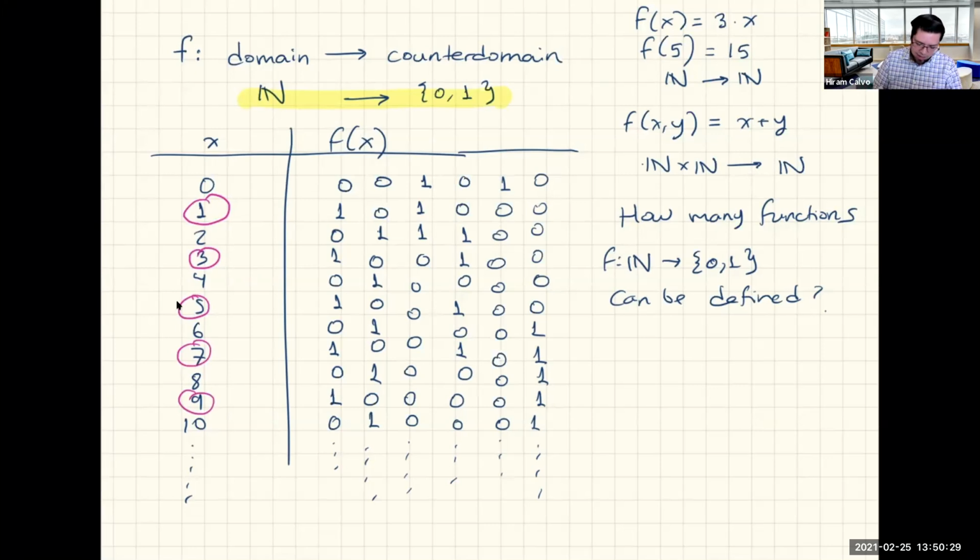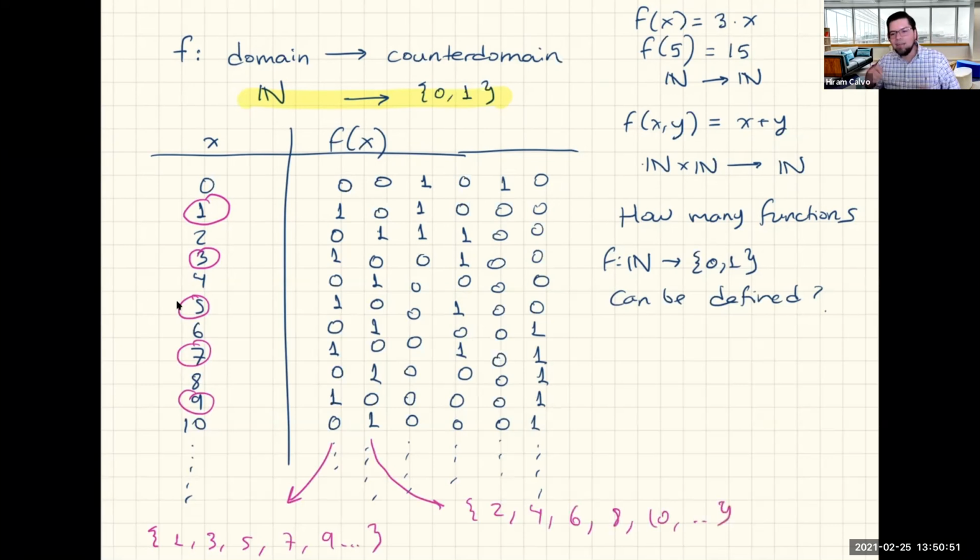So the result will be the new set formed by 1, 3, 5, 7, 9, etc. Then this function here is defining a set. This function here is defining another set, which is 2, 4, 6, 8, 10, etc. Then we have transformed our question from how many functions can I define this way to how many subsets can I calculate on N?